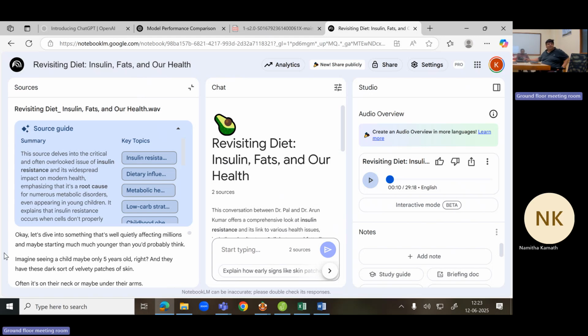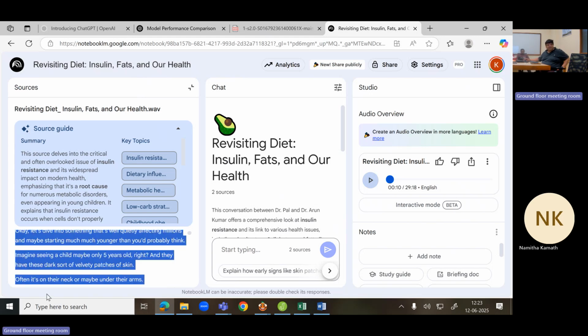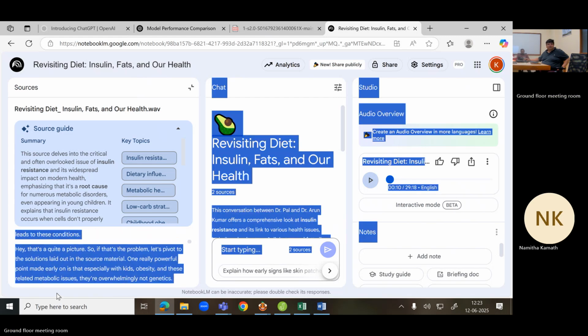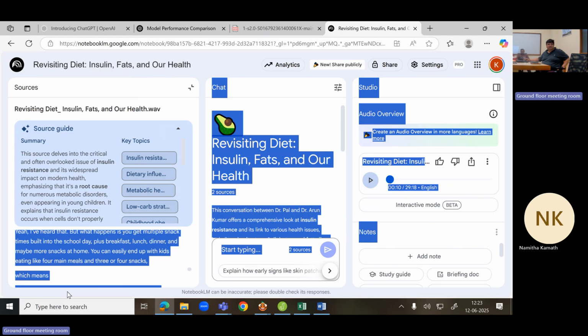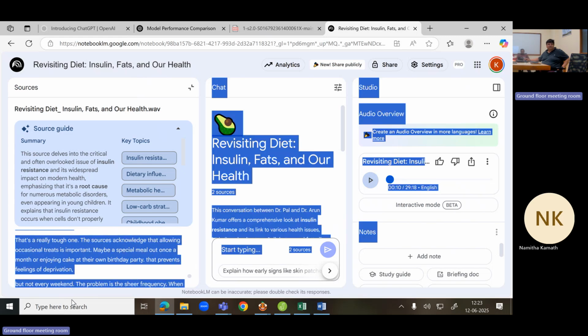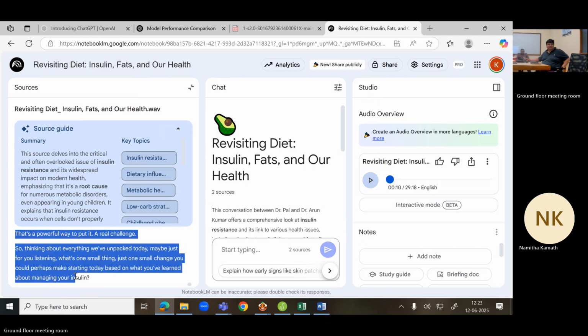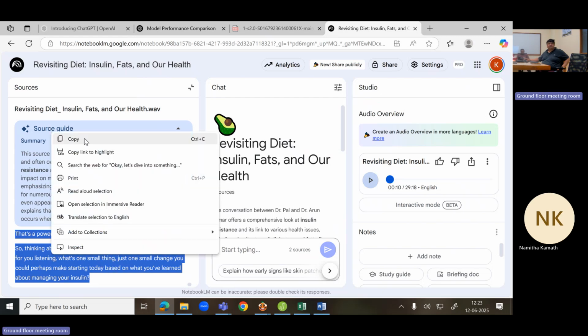Now let's pick up from here. Copy this part. I think it will copy the whole page. No, it will not. Copy this.